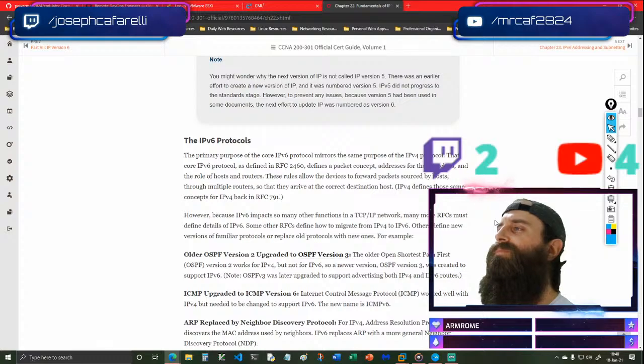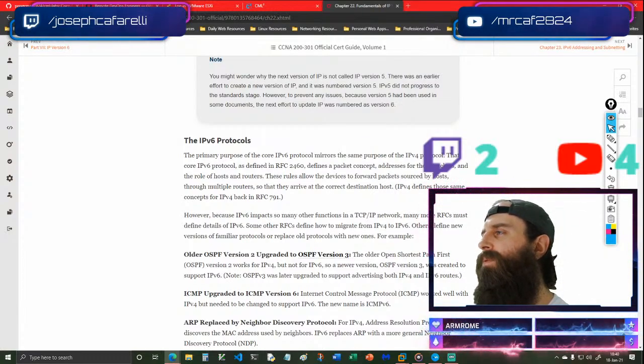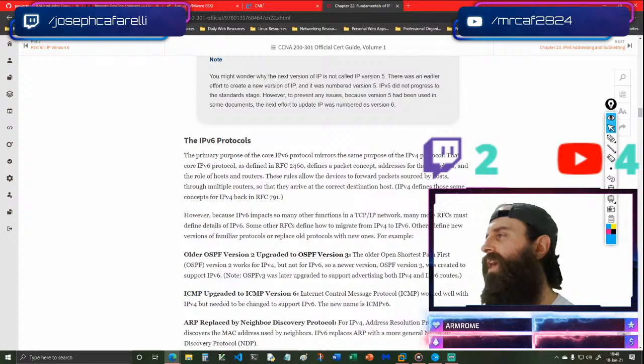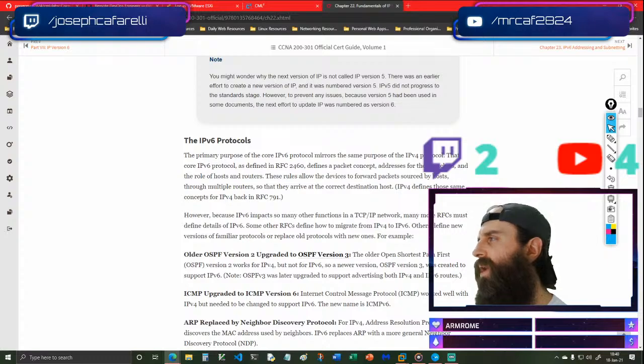All right. The primary purpose of the core IP version 6 protocol mirrors the same process of the IPv4 protocol. That core IPv6 protocol, as defined in RFC 2460, defines a packet concept, addresses for those packets, and the roles of the host and routers.